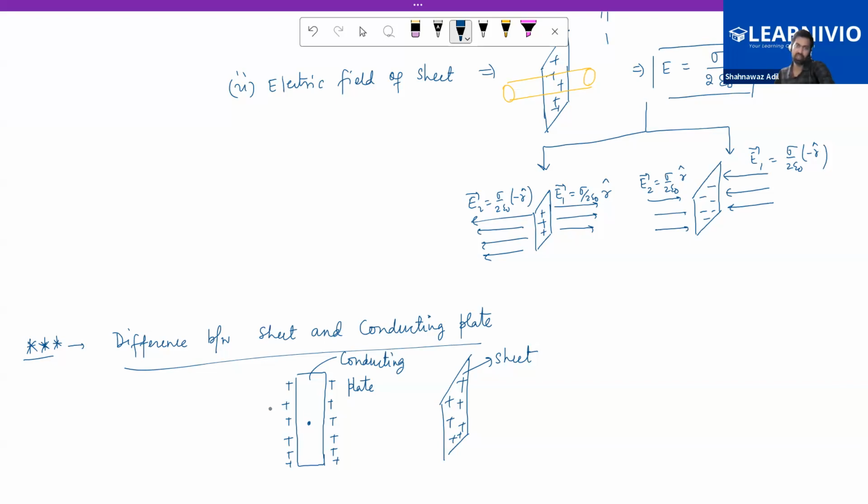Okay, note up to this point, and then we'll do questions based on this. How will the charge be distributed on this conducting plate?